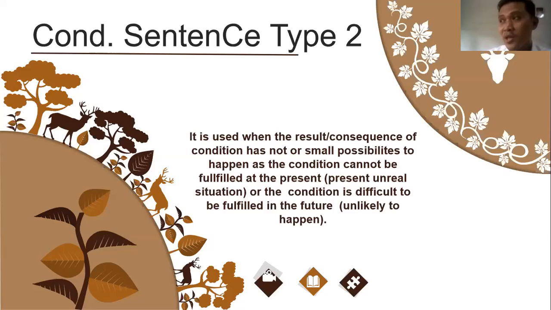Or another example is a present unreal situation. For example, here, you are always late to school because you live far away from your school. Your school is in Jalan Petran, Pasar 7, but you live far away in Simpang Selayang. It takes like 40 or 45 minutes riding from Simpang Selayang to Jalan Petran.